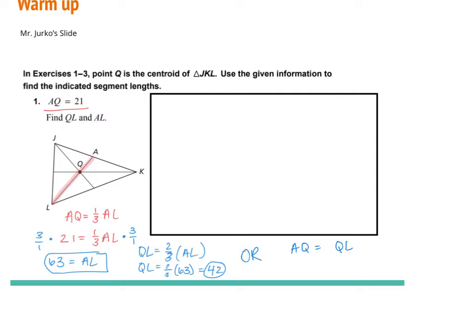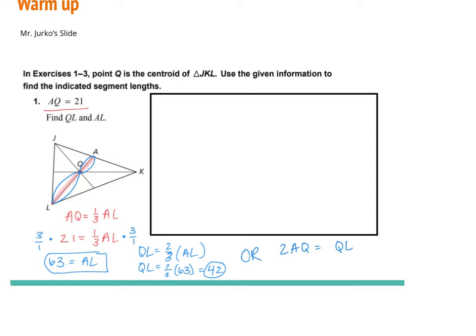Okay, 2/3 and 1/3, right? But if we're just looking at AQ in comparison to QL, AQ is going to be half of QL. Okay? AQ is going to be half of QL. So 2 times AQ will equal QL.